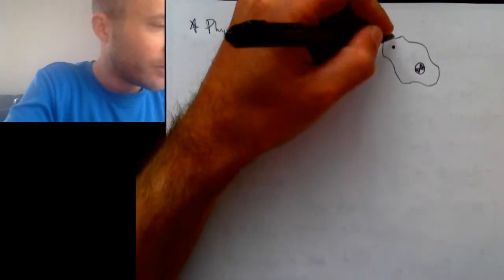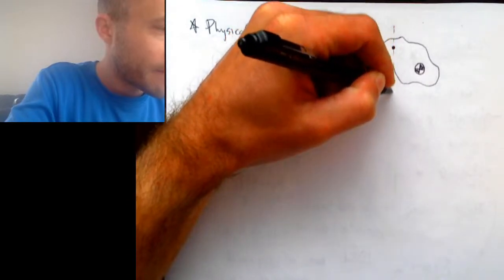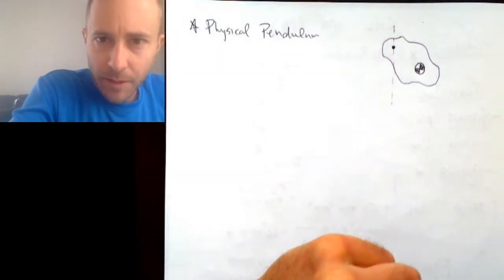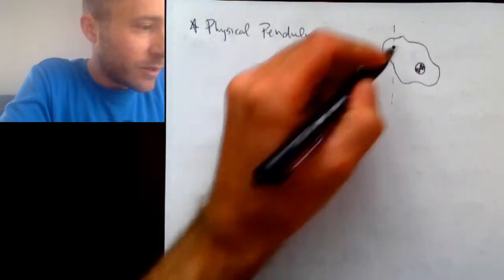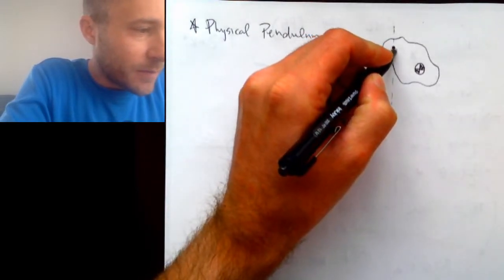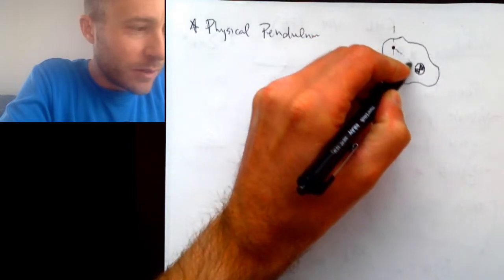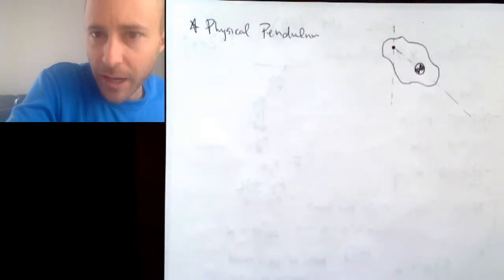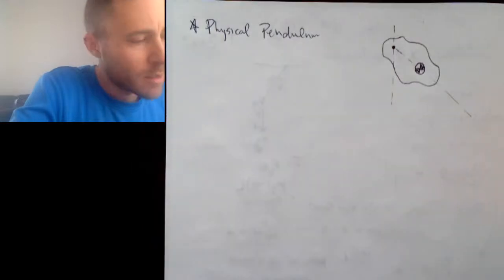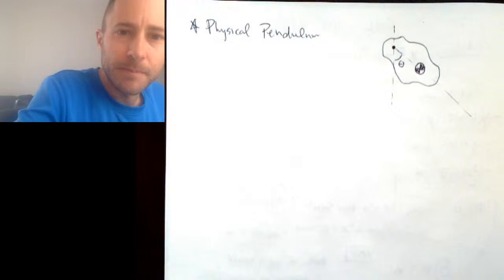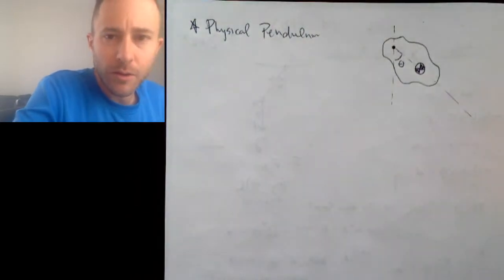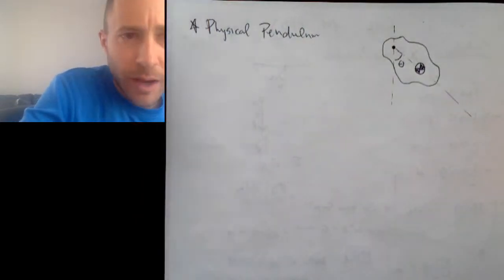Here's the vertical. The angle is defined as going from the pivot to the center of mass, and that is the angle.